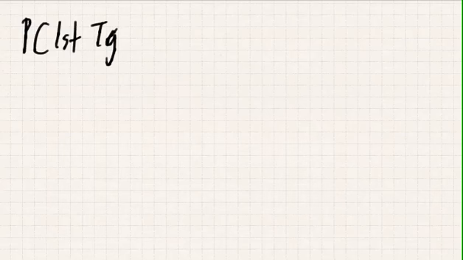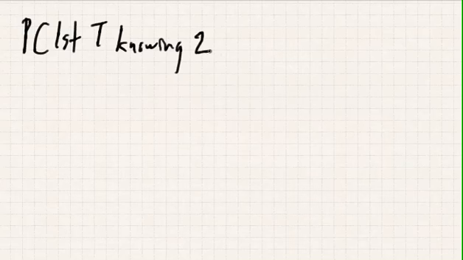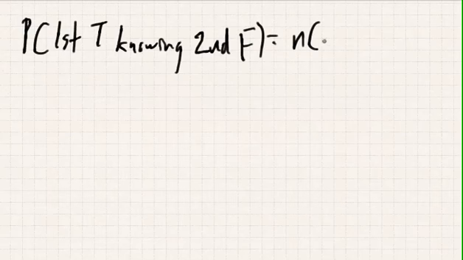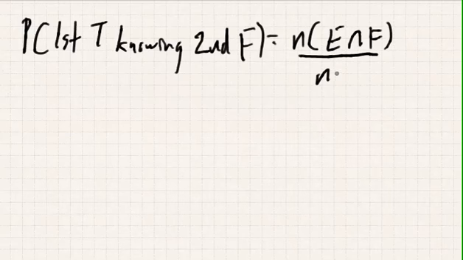So the probability that the first is true, given that the second is false, is the number of things in E intersect F divided by the number of things in F. We know that F is true, and so we're asking, what's the possibility that E is also true?